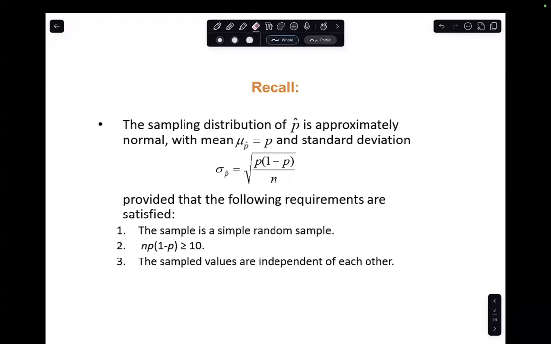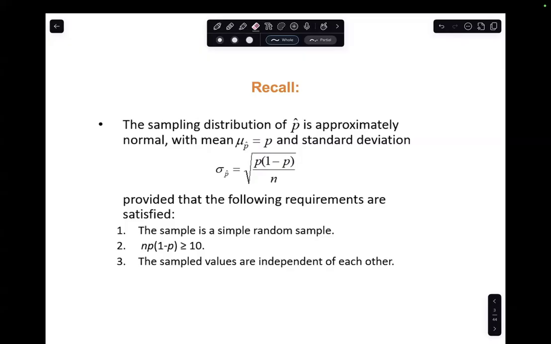And our mean is just going to be whatever the population proportion is. Generally, the population proportion is from a previous study, or it is stated that this is the proportion. So whatever the population proportion is, that is our mean, and then this is our standard deviation.